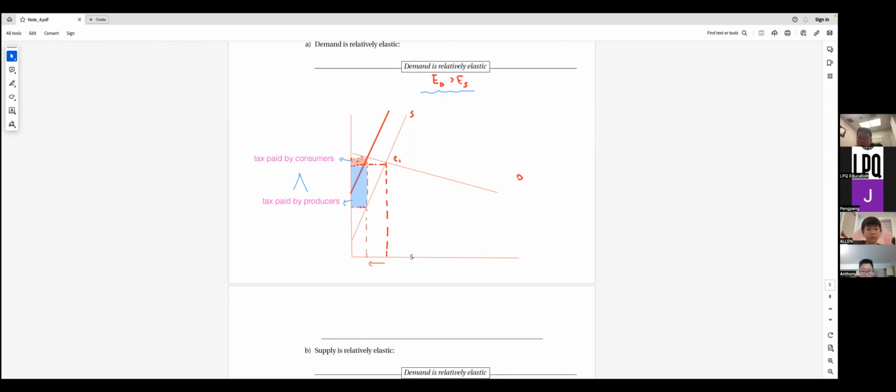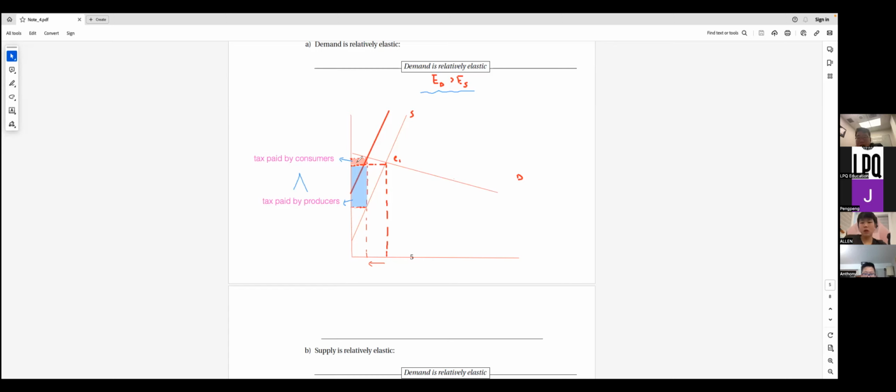But by contrast, producers, they don't care about this tax. In this case, the money collected by government is called a tax. They don't care about the tax.